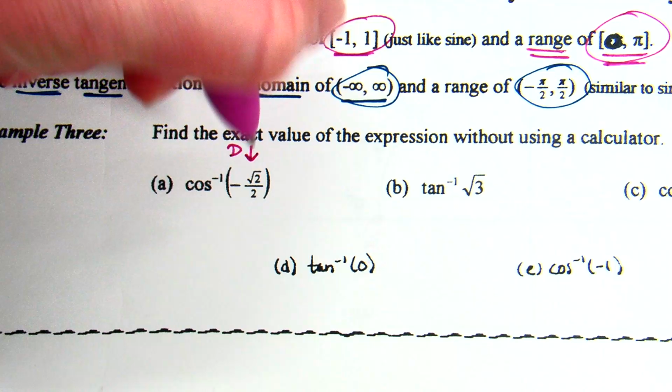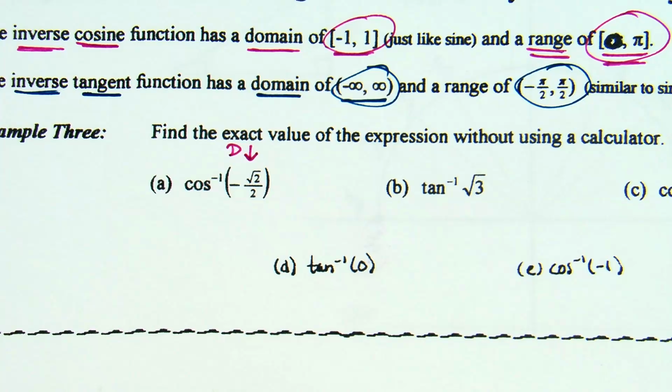Is negative square root of 2 over 2 a good domain value? Yeah. Square root of 2 is approximately 1.4. You divide that by 2, you are below 1, right? All I know is below 1 at that point, which is what matters. Okay, so I have a good domain value.